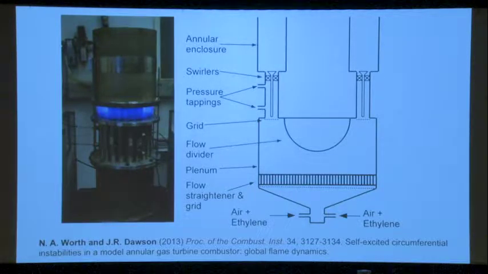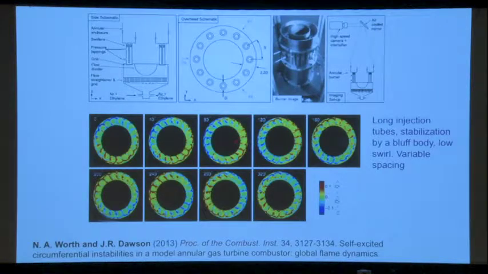We have swirlers, just swirlers with no bluff body. But nevertheless, the data is very nice because you can see spinning from above. You see right here, the film is even nicer. You can see that the flames are interacting and it's moving like that all around. So these are spinning modes in this situation.